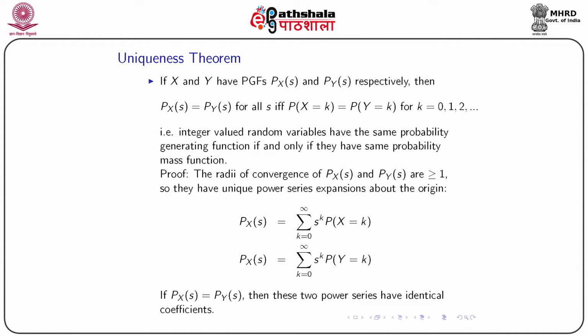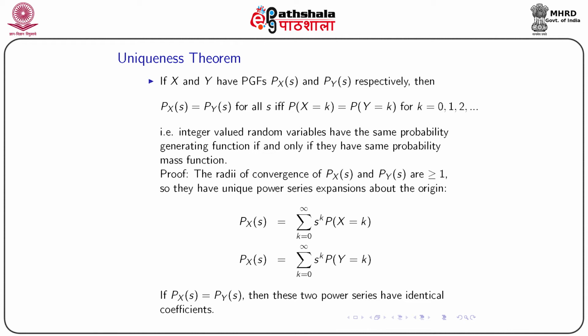The radii of convergence of P_X(s) and P_Y(s) are greater than or equal to 1. If this is true, then they have unique power series expansions about the origin. So you can write P_X(s) as the sum over k from 0 to infinity of s to the power k times probability X is equal to k, and P_Y(s) as the sum over k from 0 to infinity of s to the power k times probability Y is equal to k.